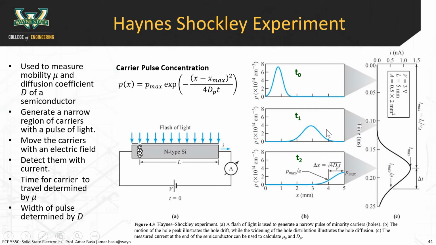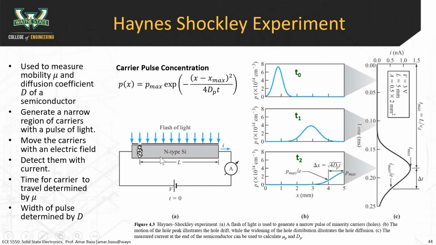It's moving to the right because the way we have the voltage set up here, the electric field is pointing from left to right, and let's assume these are holes. So this pulse of carriers is moving to the right over time, and as it's moving, the pulse is also widening out.